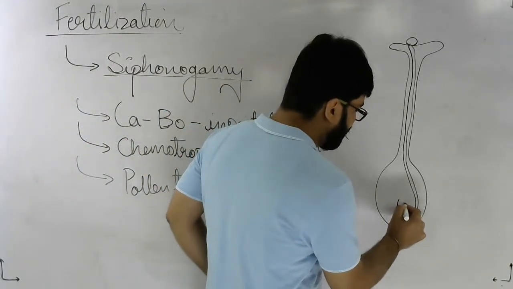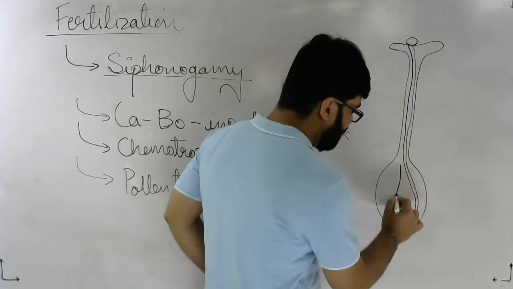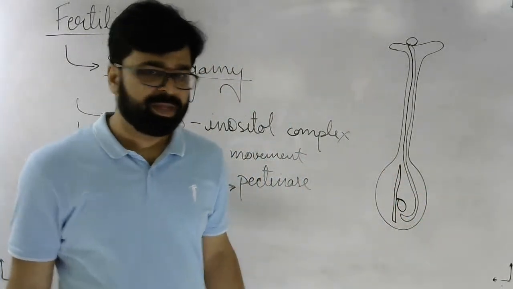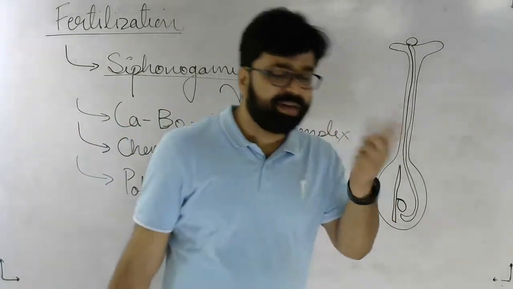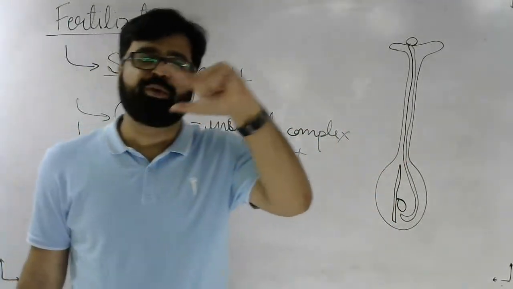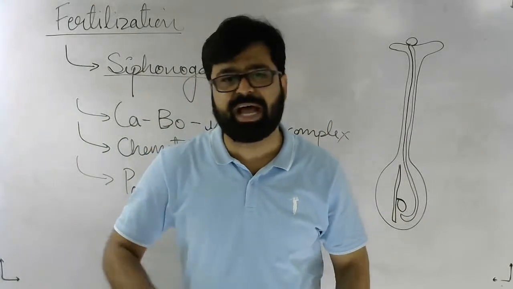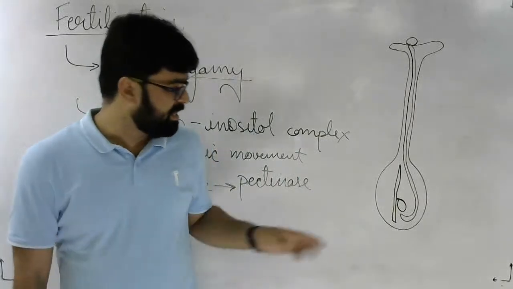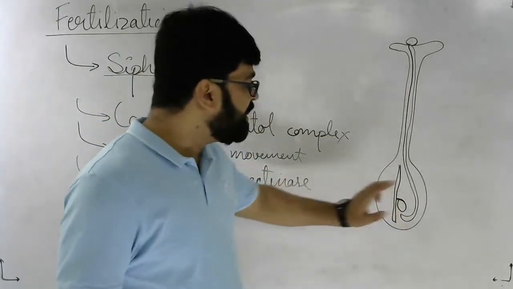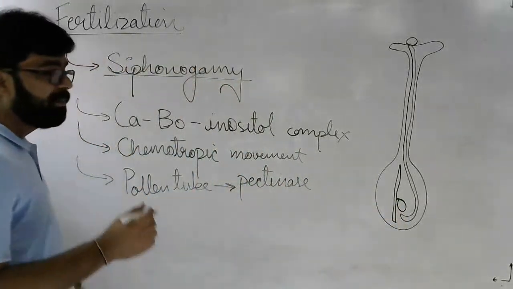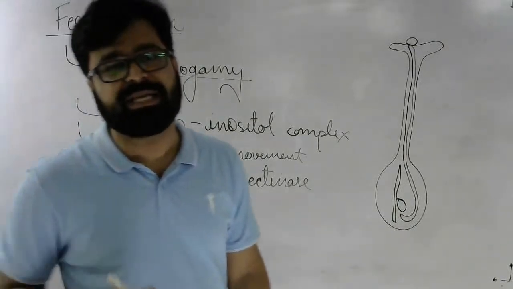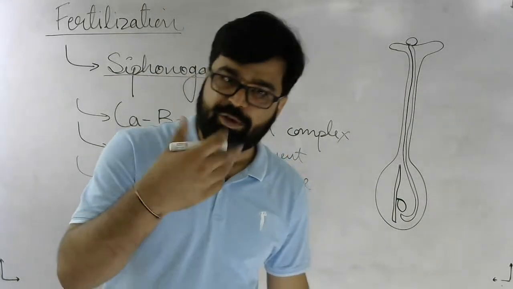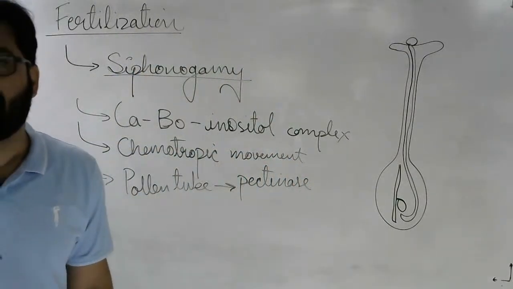Let's say ये embryo sac है. It is attached with the wall of ओवरी लोक्यूल्स. अब कल हमने देखा था पूरे ओव्यूल का स्ट्रक्चर एंड डिफरेंट टाइप्स ऑफ ओव्यूल्स आल्सो, एनाट्रोपस, एम्फीट्रोपस, लाइक दिस. अगर पोलन ट्यूब की एंट्री माइक्रोपाइलर एंड से होती है, then this type of entry, this type of fusion is known as porogamy.